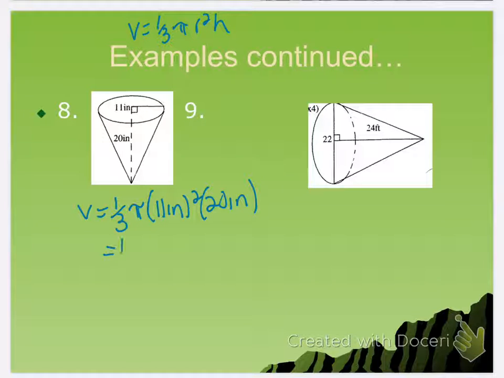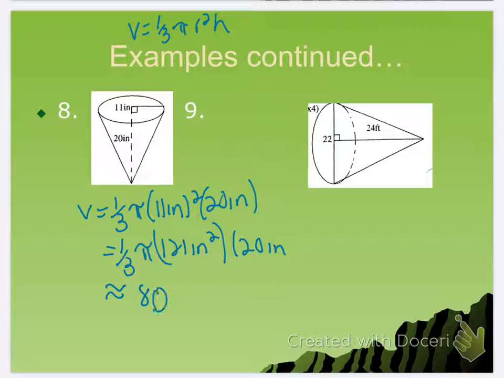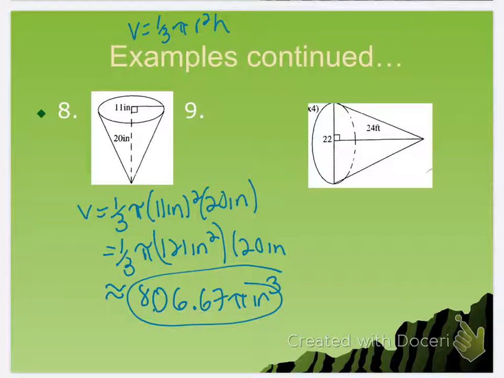We know this is going to give me 1/3 pi 121 inches squared times 20 inches. 3 is not going to go into either of those, so we're just going to multiply them together. 121 times 20 divided by 3 gives me approximately 806.67 pi inches cubed.